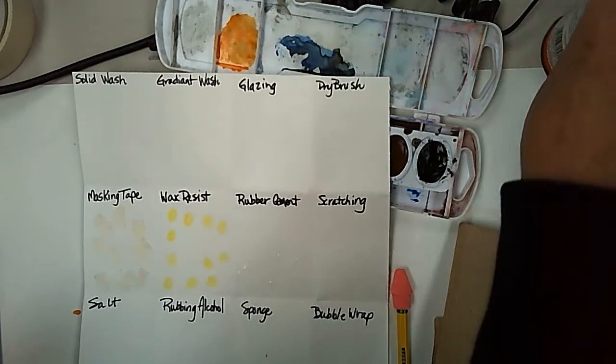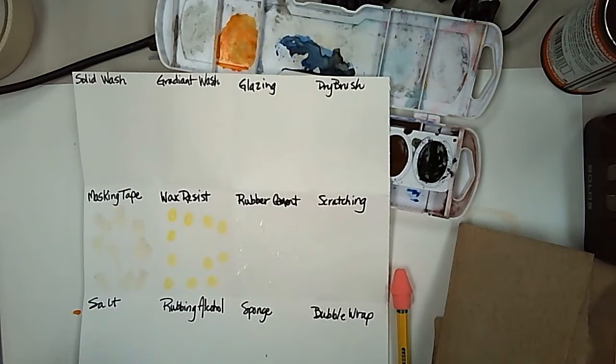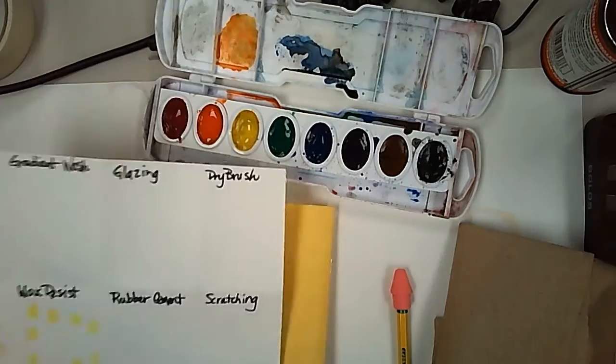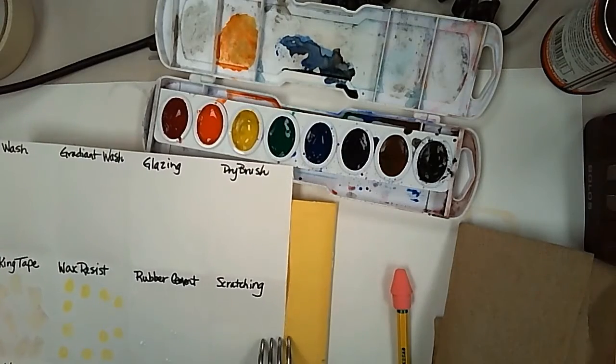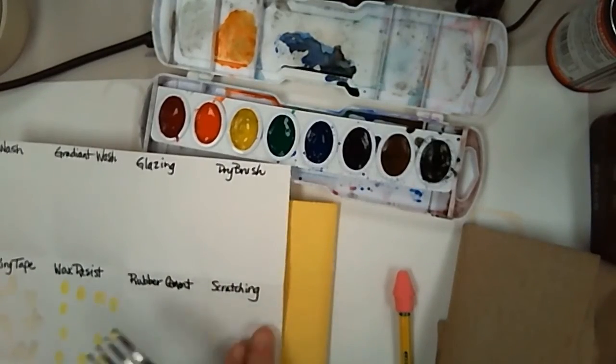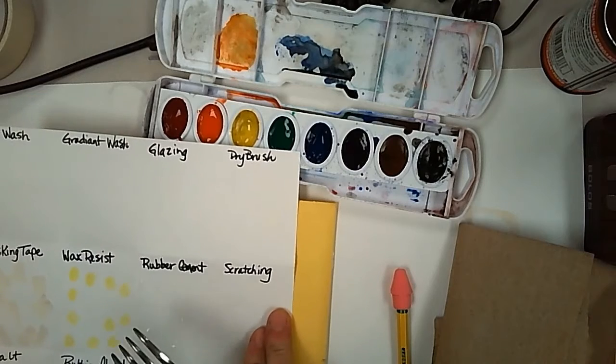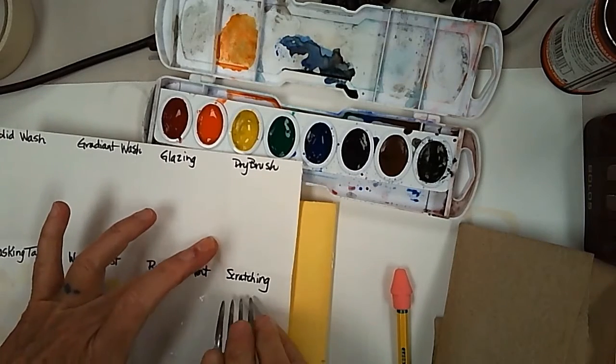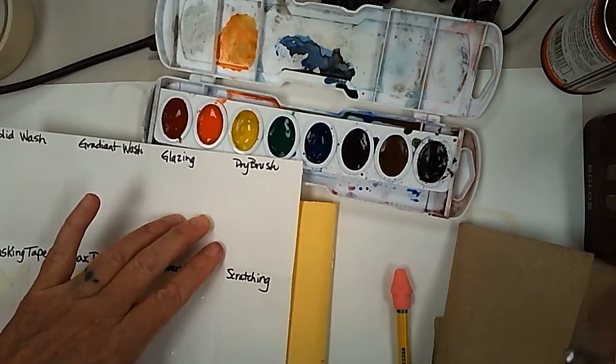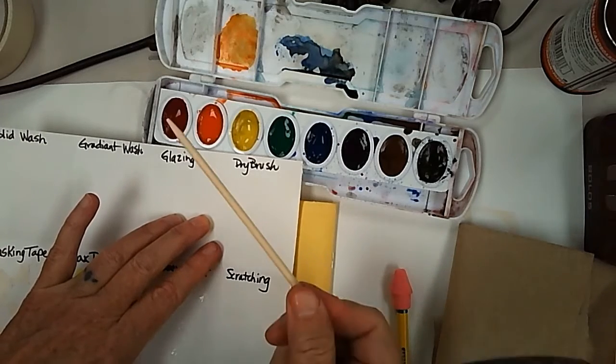The next one is scratching. We're going to scratch into the surface of this paper, and I like to put my paper on top of either a notebook or a magazine or something that has some give to it, so your paper can really stretch a little. And you can use a wooden stylus like this.